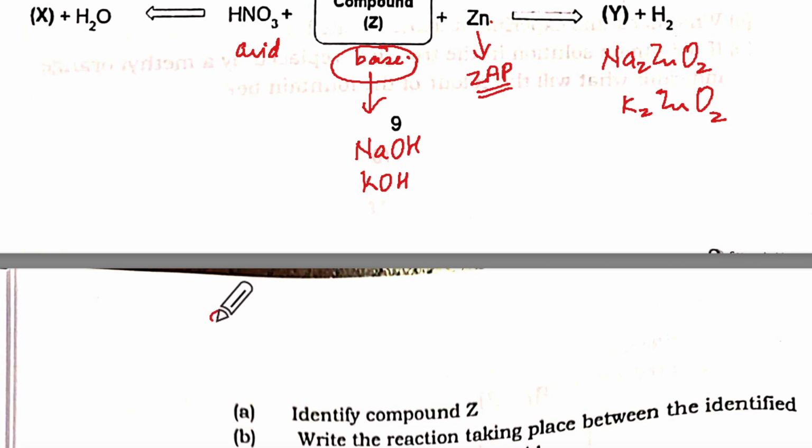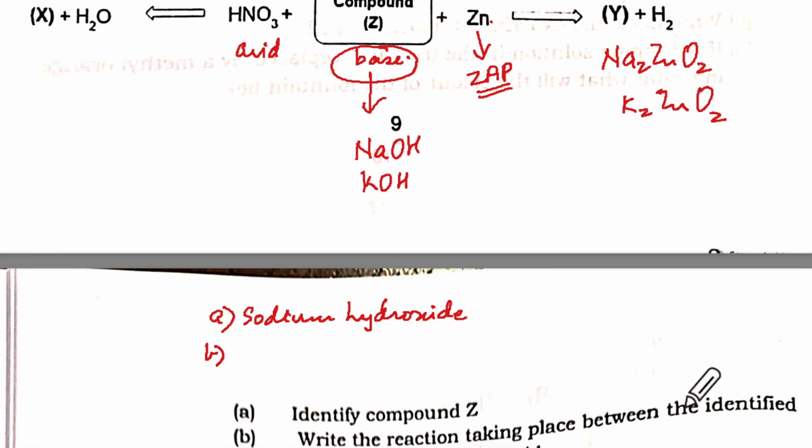Now, what is my A answer? Identify Z. Z will be, I'll write sodium hydroxide. Now, if I have a choice between sodium or potassium hydroxide, I choose sodium because sodium compounds are more easily available. Okay. If you write potassium hydroxide, you will still get your mark.